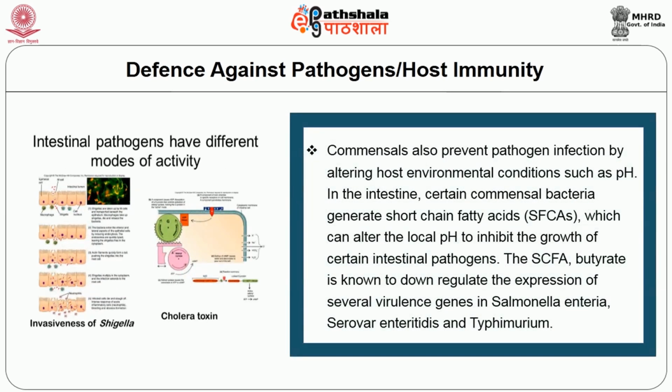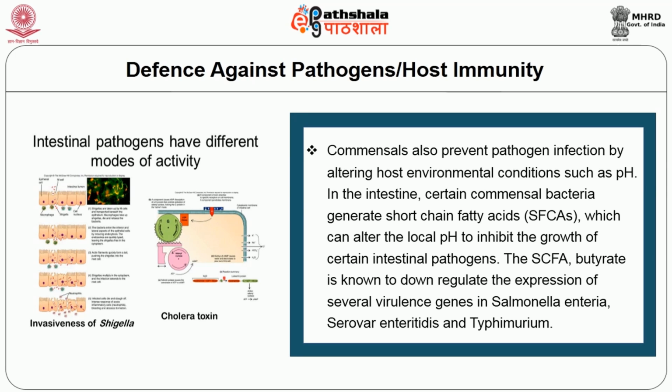Commensals also prevent pathogen infection by altering host environmental conditions such as pH, which I have described to you earlier, the pH and its link with the bacteria. In the intestine, commensal bacteria generate short chain fatty acids, which can alter the local pH to inhibit the growth of certain intestinal pathogens. See, that is the beauty, how the good bacteria are killing the bad bacteria by changing the pH.